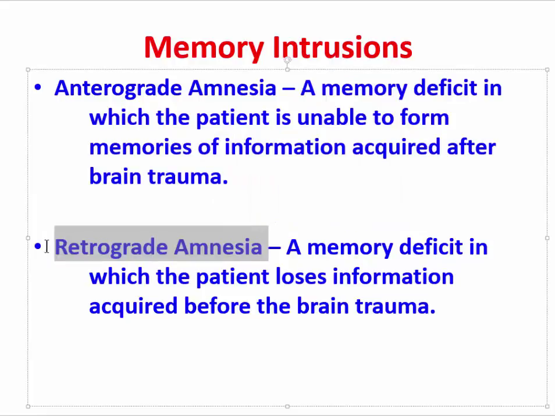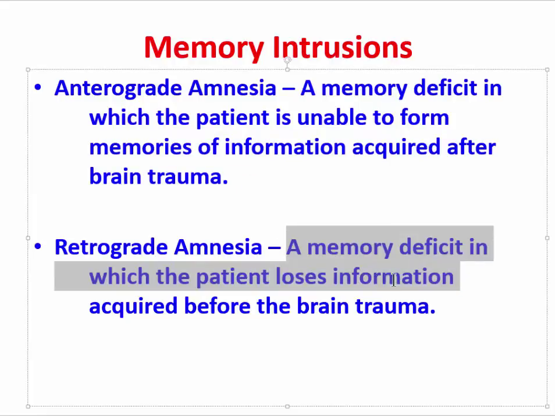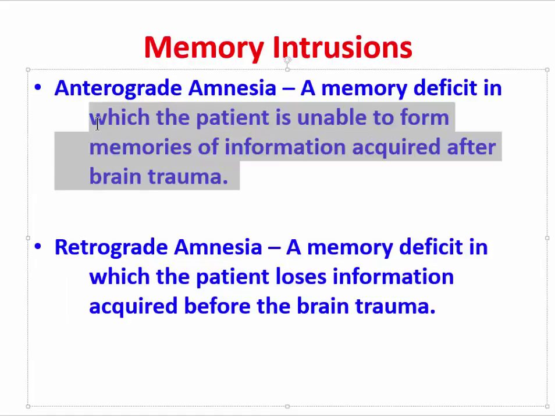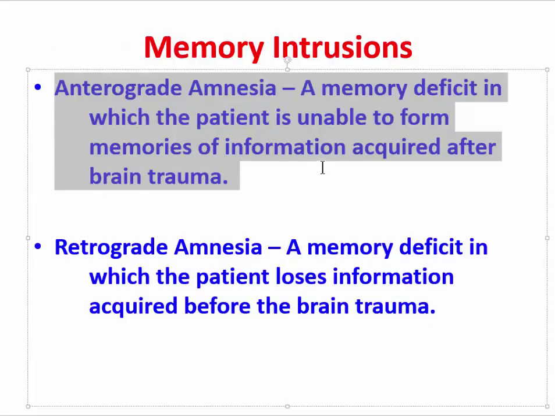We can contrast that with retrograde amnesia, which is a memory deficit in which the patient loses information acquired before the brain trauma. So this is an inability to acquire some older information that occurred just before the moment of injury. Most people would construe the anterograde amnesia as the greater deficit. It's ongoing. It's an inability to form new memories.